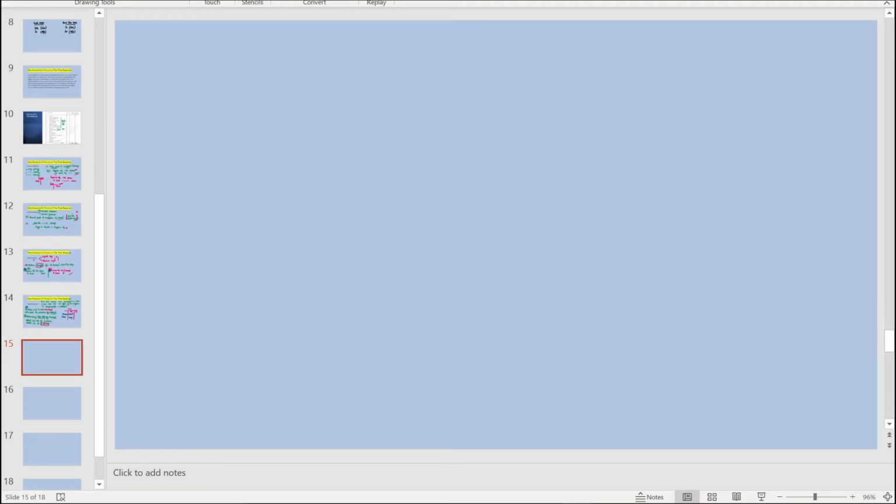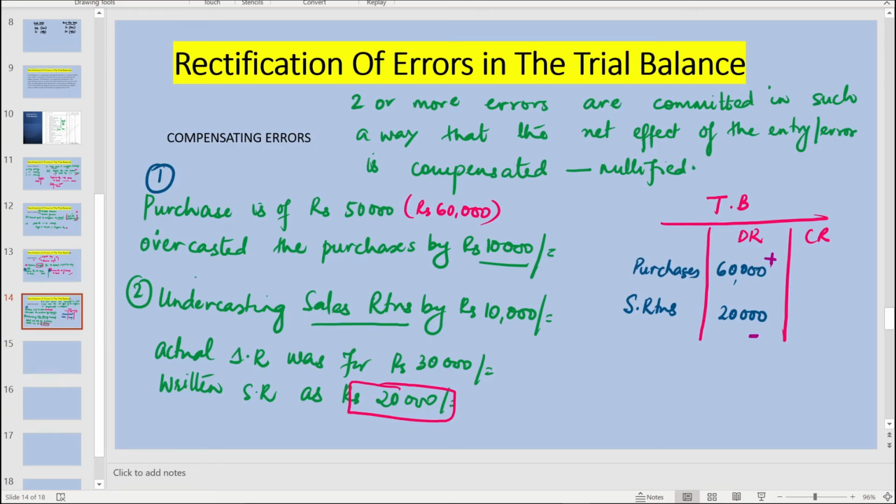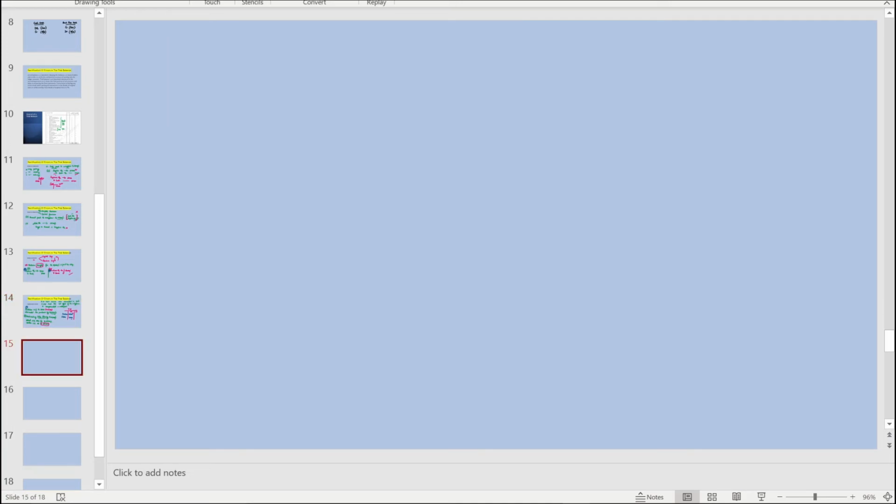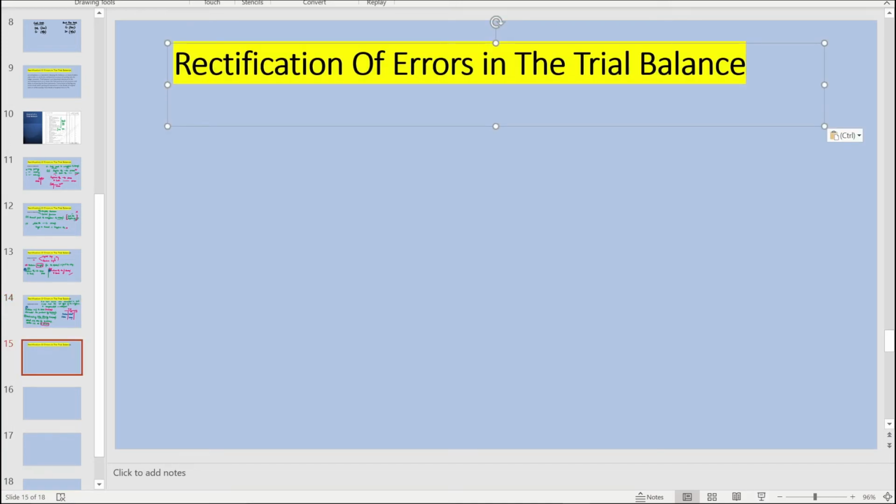Now, one last topic I will take, very small. On the same grounds, it says for rectification of errors: the errors which affect trial balance and the errors which do not affect trial balance. So this is in two parts. Of those four errors, some affect trial balance, some don't.